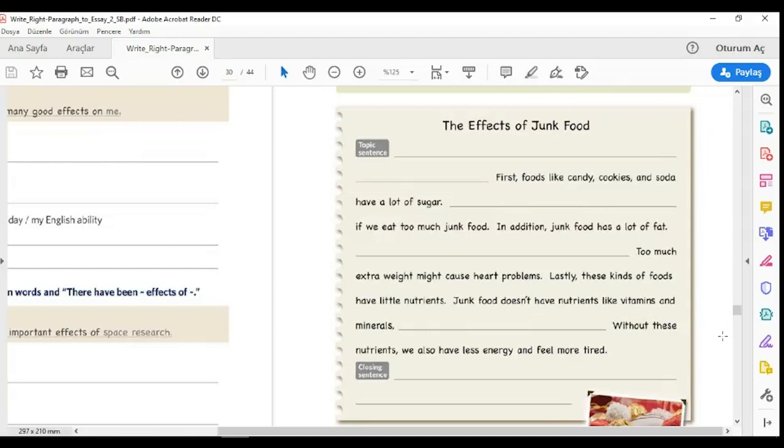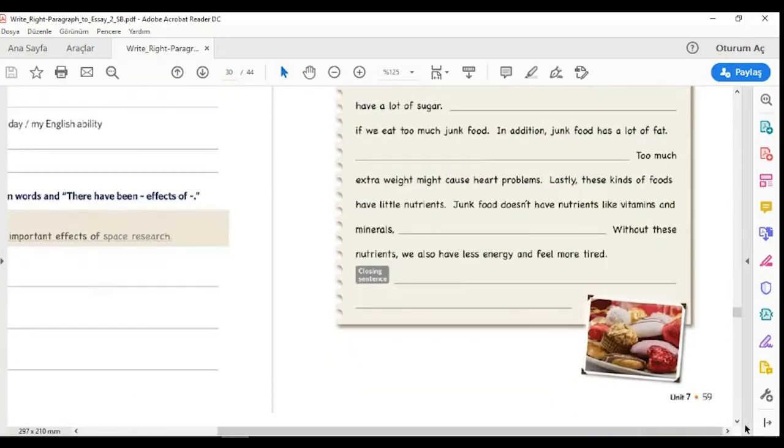You have 1 minute. Okay, we will move on to the following page, page 60.